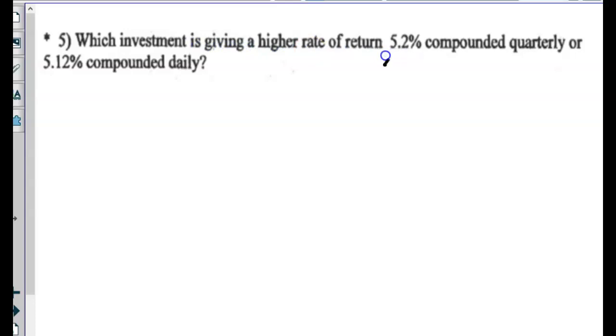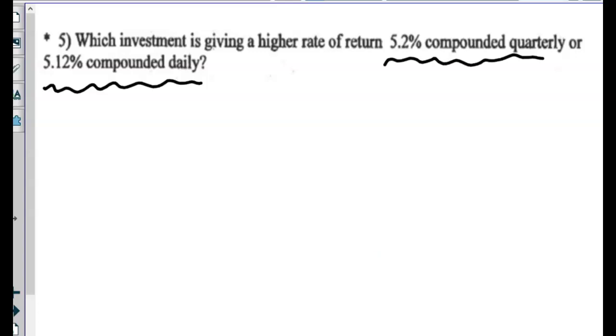That is taking 5.2% compounded quarterly or 5.12% compounded daily. Do you understand how those could be really close together? One is a slightly lower rate, but it's being compounded more often, right? So you have to kind of pick and choose which one is going to be better.